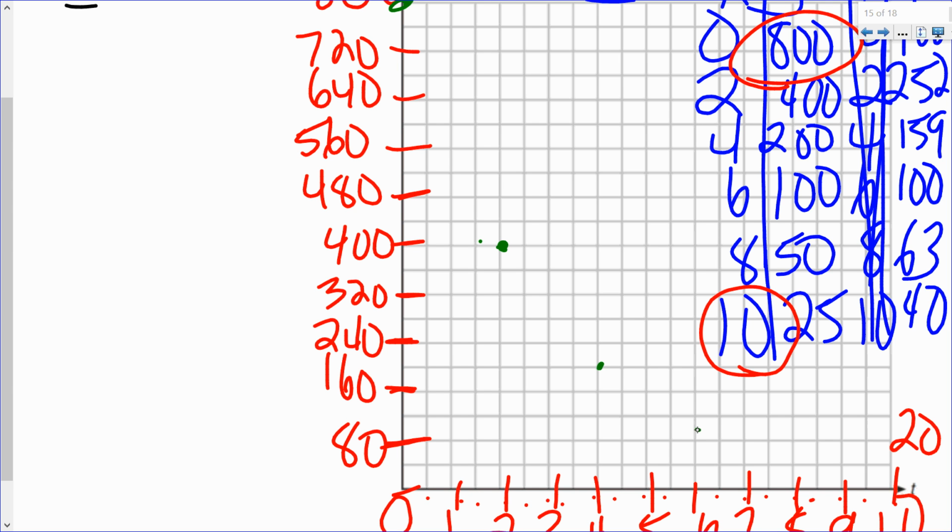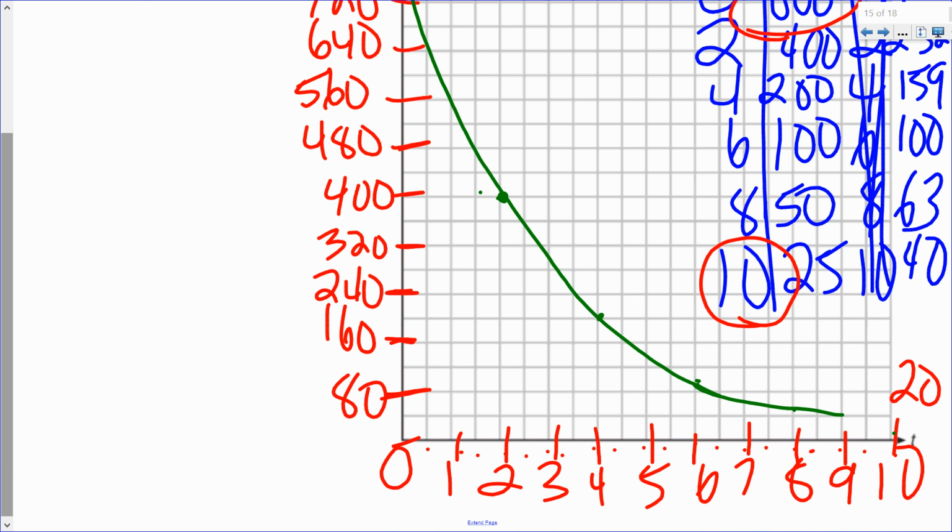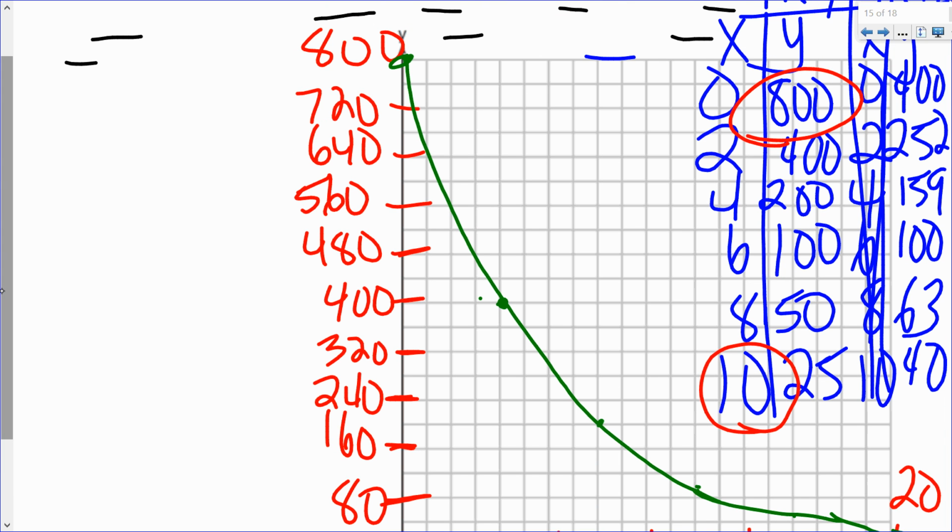That's between 80 and 120. 8, 50. 10, 25. I don't draw arrows into the axis, but that one's not hitting the axis, so that one will get an arrow. That is n of t.